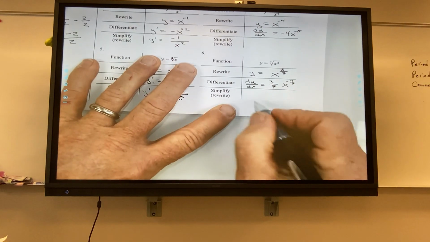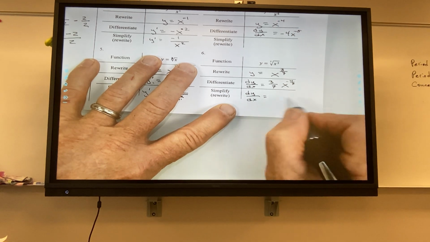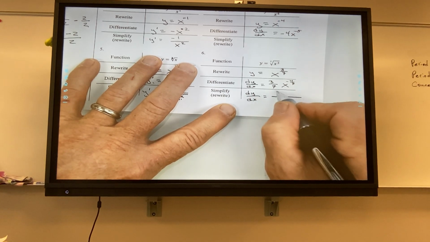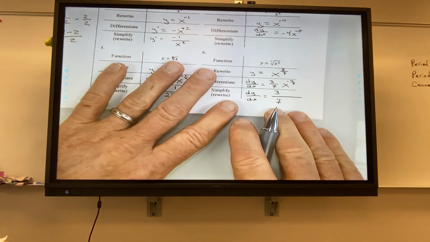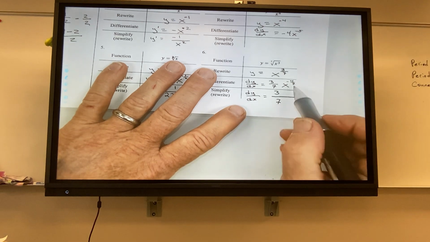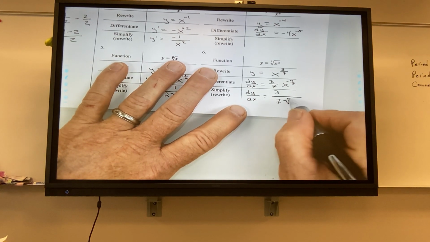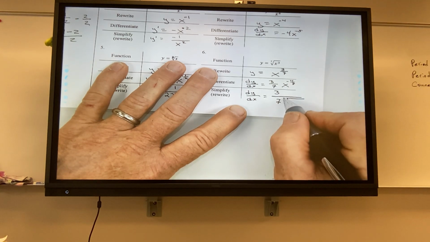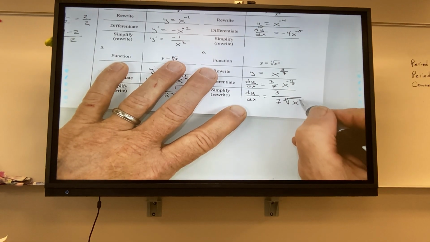Okay, so I'm going to rewrite three on top, 7 on the bottom. Correct? Since this is a fraction, I'm going to have a radical. Its index is 7. X is inside that radical. Its exponent is 4.